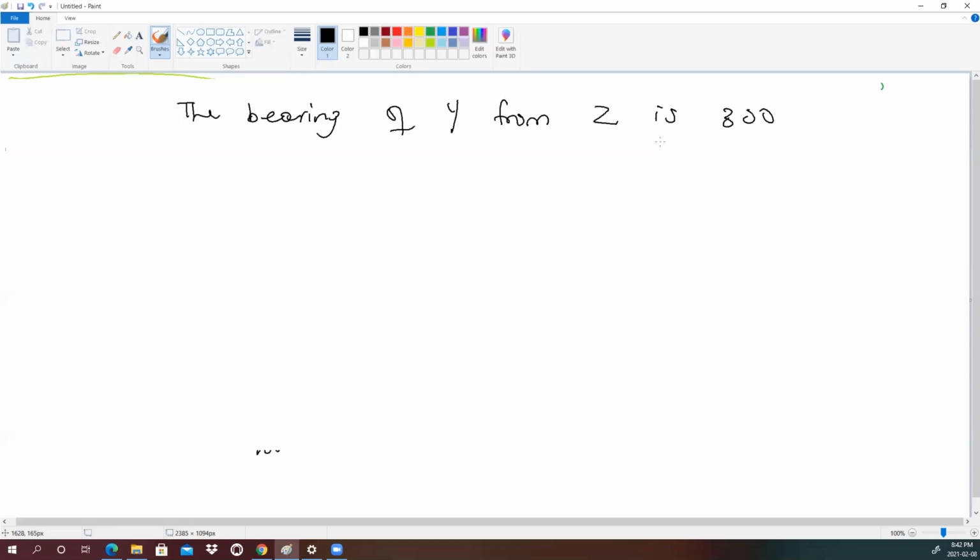So go and draw that bearing for me while I take the picture and put it in the group. What's that, 300? Yes.